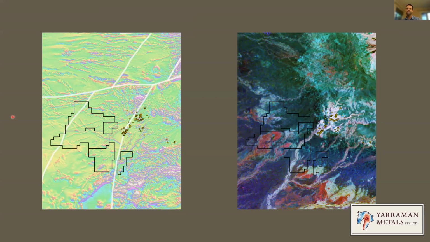What's really interesting to me is that one of these strong features that are cutting off these magnetic dikes is actually visible in the radiometrics. So even though this is all under cover, it must be extremely shallow and also potentially reactivated. You can see that feature if I toggle back and forward; you can definitely start to get your eye in on it.